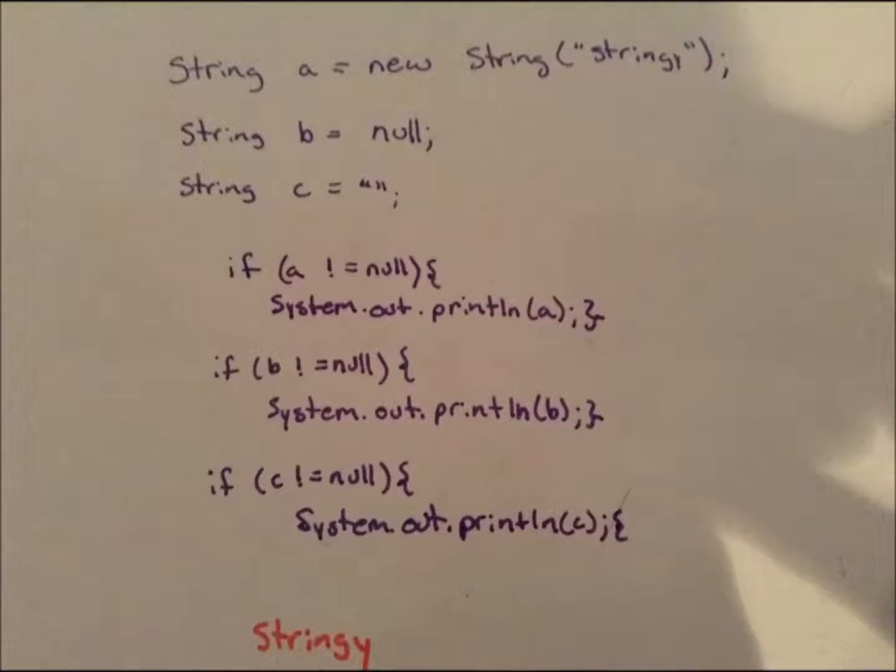Variables a and c are initialized to object references. Variable b is initialized to null. Note that variable c is initialized to a reference to a String object containing no characters. Therefore, println(c) executes, but has no characters to print. Having no characters is different from being null.